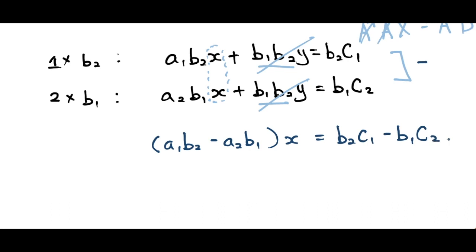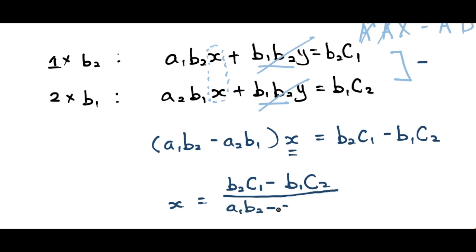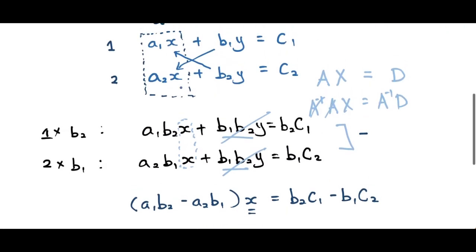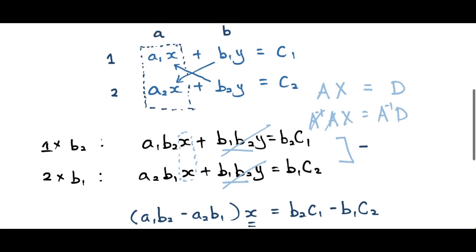Now, if you look at it again, I can easily figure out what x is. My unknown x is b2 c1 subtract b1 c2 over the denominator a1 b2 subtract a2 b1. Now, you have so many coefficients here. What does it mean? If I want to find my x value, all I need to do is replace the x column by the c coefficients.